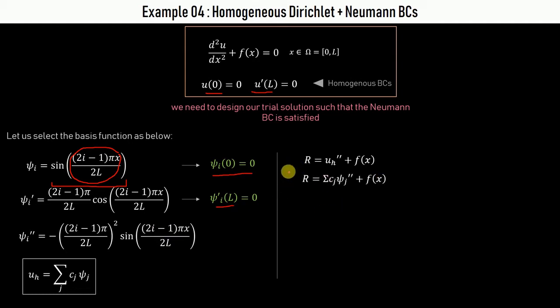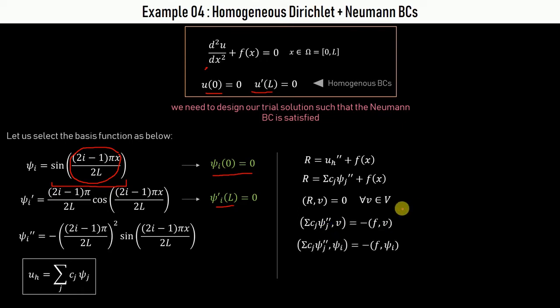Now we calculate the residual by inputting this UH into our differential equation, and then we impose the orthogonality with any vector in the space V. Now you just put R, and we can take this part to the right side, and we put V. This equation is satisfied for all V's in V. This is one statement, this is one equation. We have been doing the same thing for the last few examples.